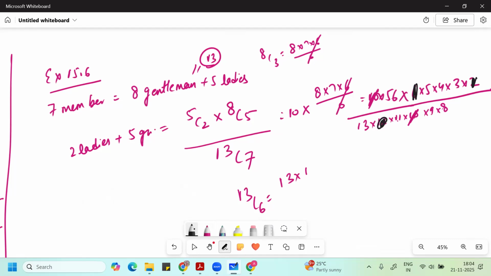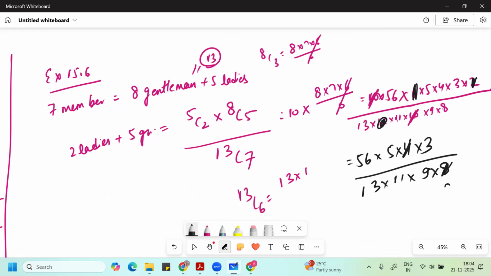Then I'm left with 56 into 5 into 4 into 3 by 13 into 11 into 9 into 8. 4 eights are 8 and this is 28. 3 threes.